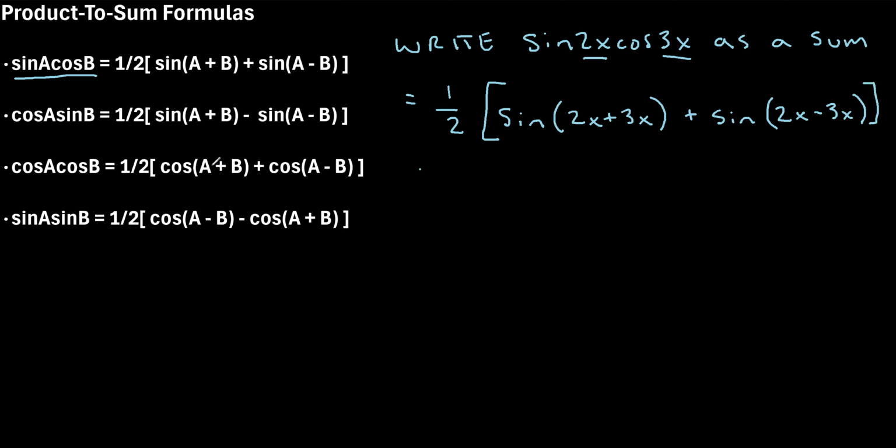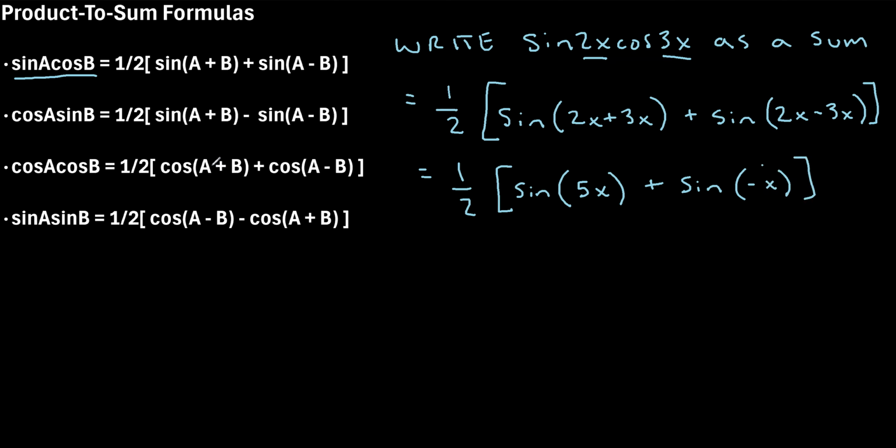So now we just need to simplify. So we get 1/2 the sine of 2x plus 3x, that's 5x, and then we have plus the sine of 2x minus 3x, that's just negative x.